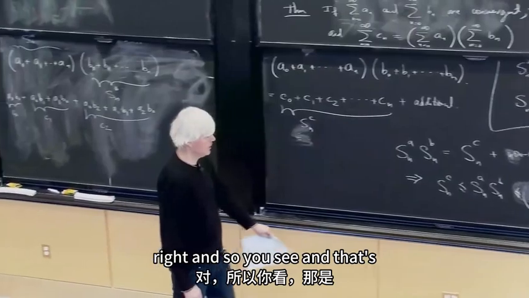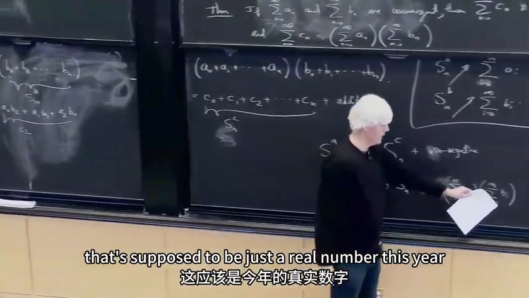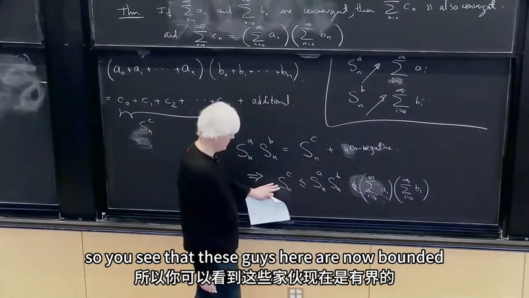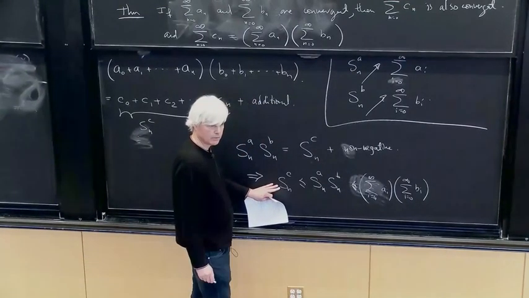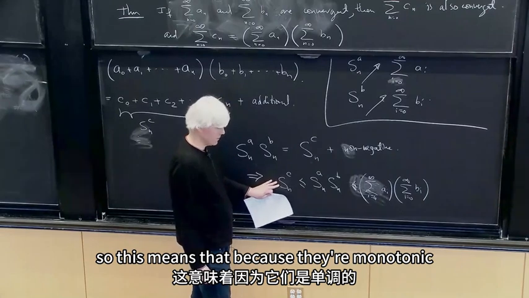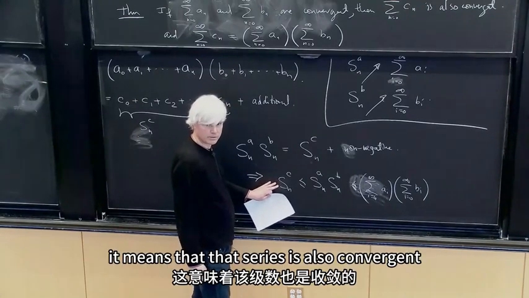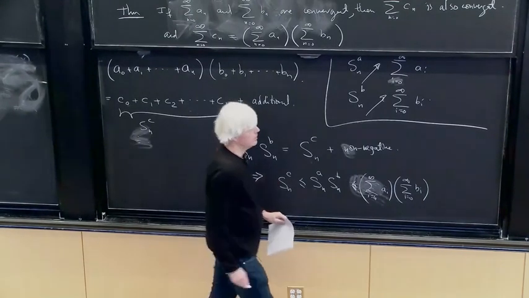Right? And so you see, and that's supposed to be just a real number, this here. So you see that these guys here are now bounded. So this means that because they're monotone, that series is also convergent.